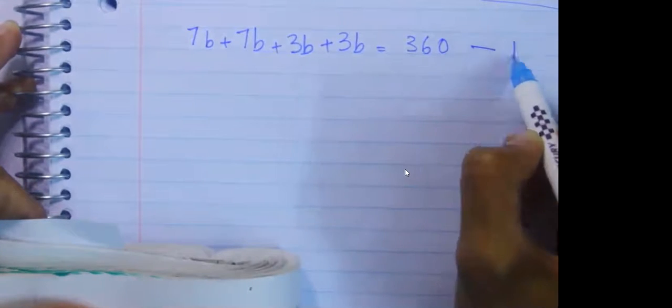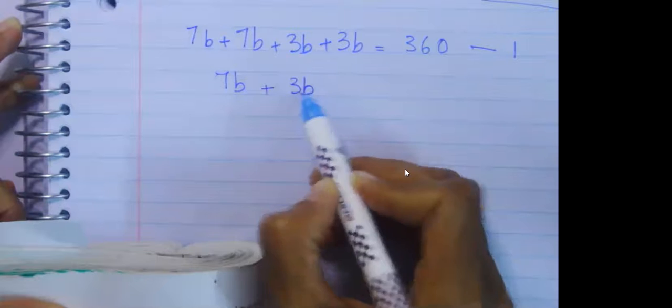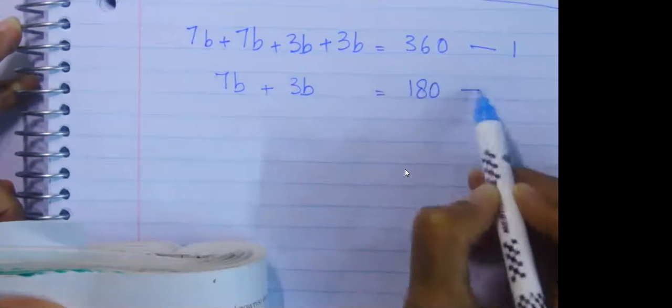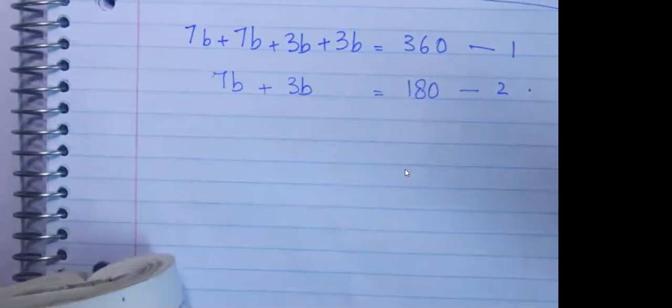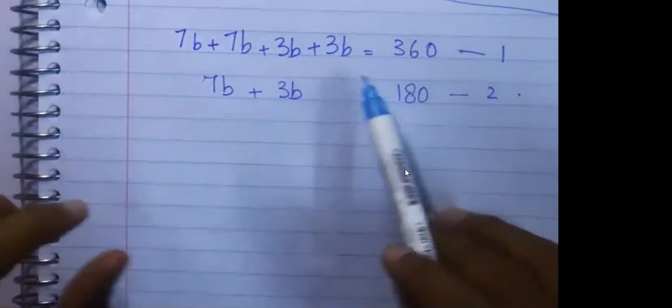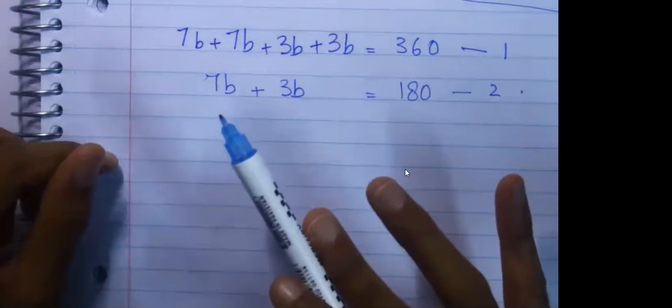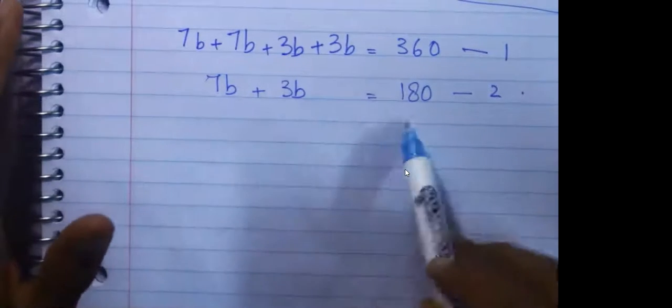This is one equation. Or we can say 7b plus 3b is equal to 180. That is another way. Both these equations are going to give you the same answer, whichever way you want to do. This one is easier, right?